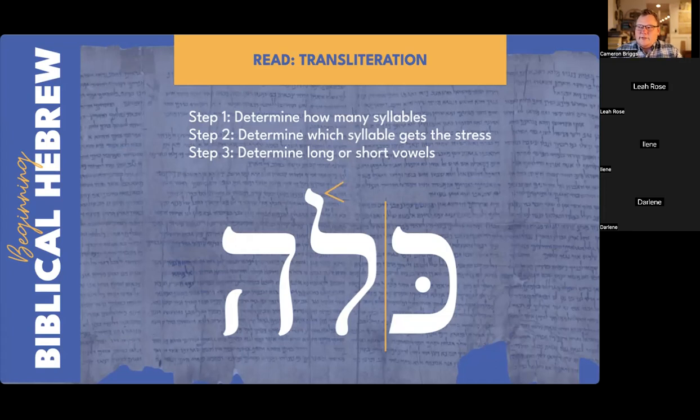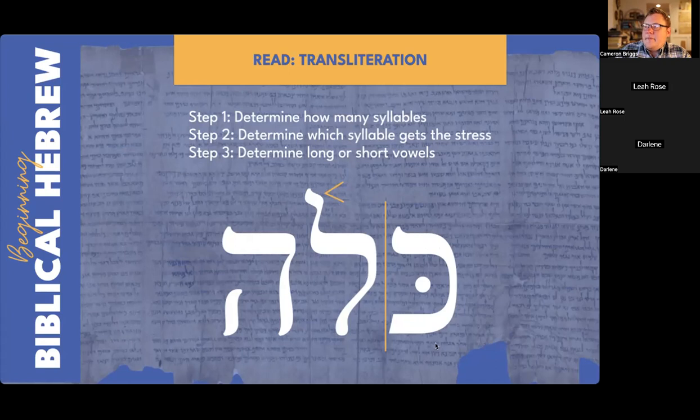And then we want to determine long or short vowels. Let's just work on the first one. So ka would be open or closed? That's going to be an open syllable. And so would it be a patach or a kamatz? Kamatz, since it's long, since it's open. And then that second one is kind of tricky. Right here, it looks like it would be consonant, vowel, consonant.